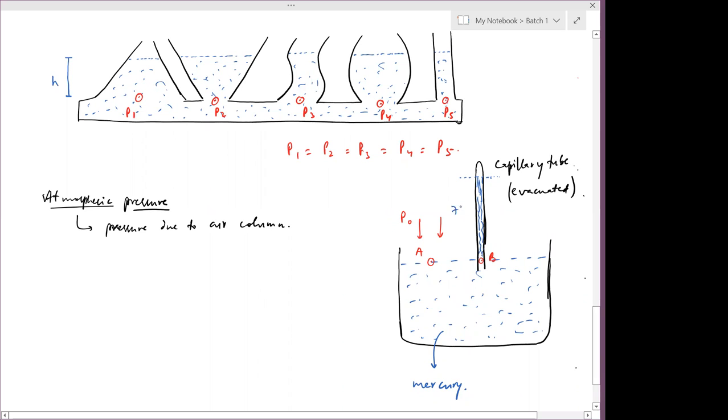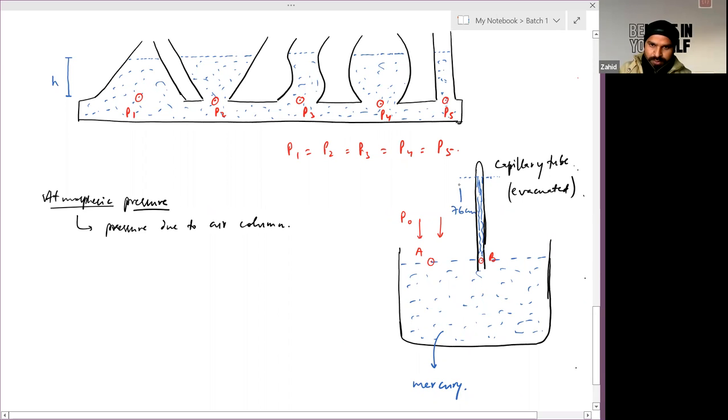Experimentally, the total vertical column of liquid was found to be about 76 centimeter in height in the case of mercury. So at equilibrium, the net pressure becomes equal: the pressure at A and the pressure at B are equal to each other. It will be due to the vertical column of mercury, so gauge pressure is rho g h.